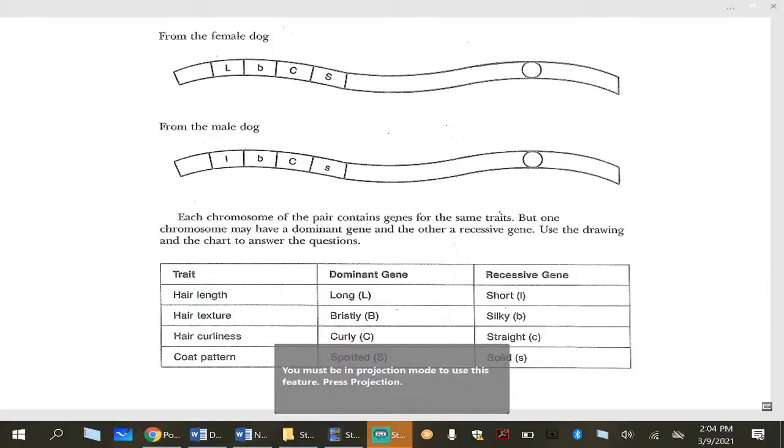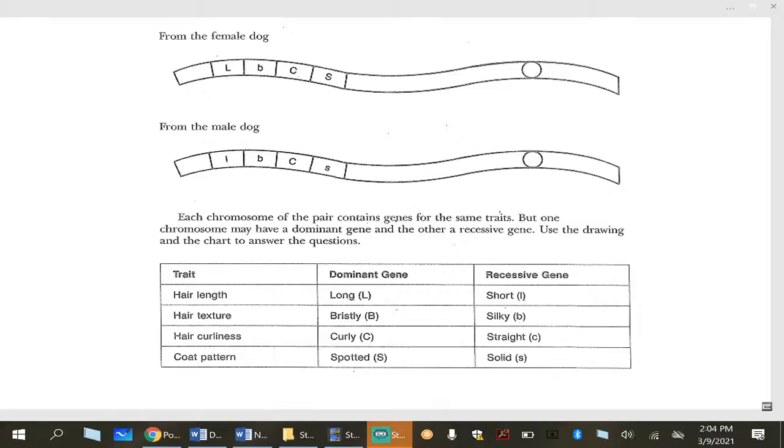I don't have the questions on the screen, but they should be able to follow along. Question number 1. Hopefully not too hard of a question. Who thinks they got it? Dan, I love it. What do you think, Dan? Do you think the answer is yes? The puppy would have a spotted coat? Why do you think the puppy would have a spotted coat?